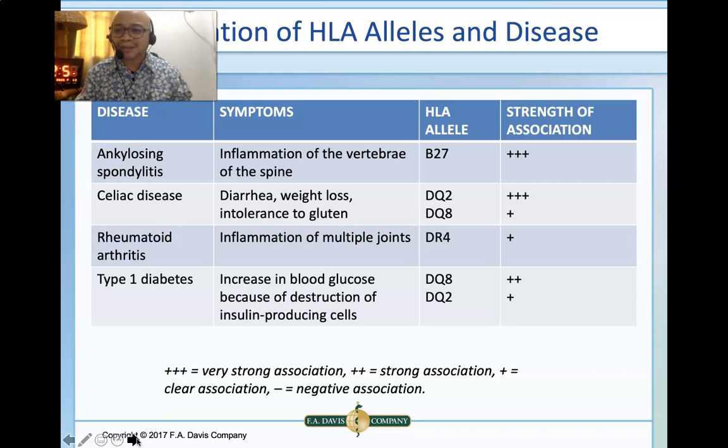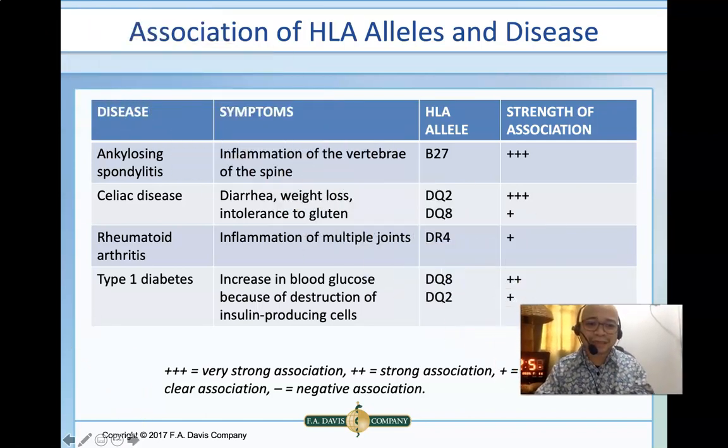Okay, ankylosing spondylitis. If you have this, your spine will be inflamed, and it is associated with HLA-B27. Celiac disease is a type of autoimmune disease wherein you have malabsorption syndrome, and it is associated with diarrhea, weight loss, intolerance to gluten.